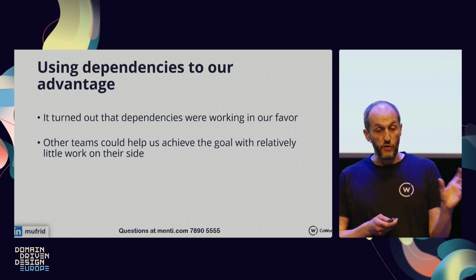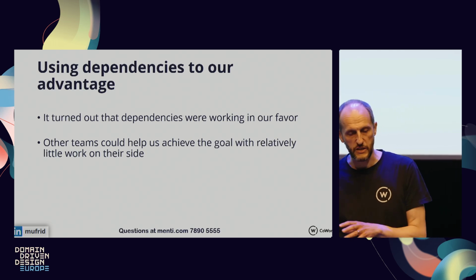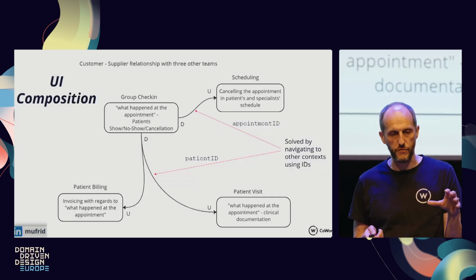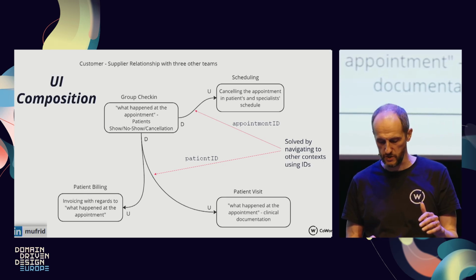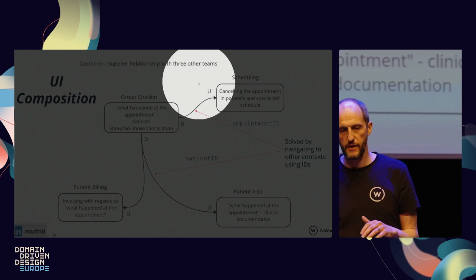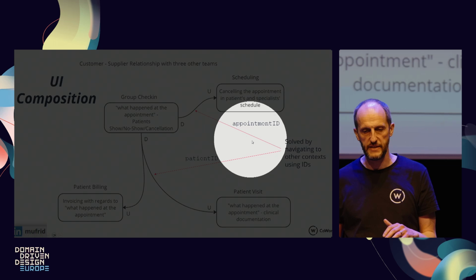And with relatively little work. What was that? So the technique we used on our architecture side was to integrate between these contexts on the front end, so UI composition. So we just try to navigate between the contexts using the IDs.